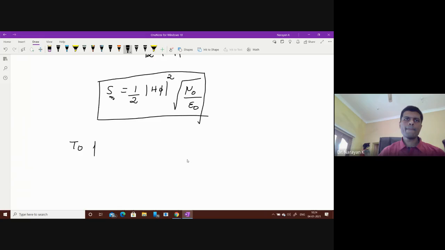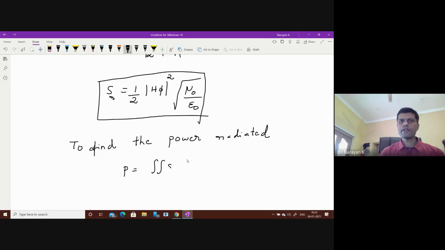To find the power radiated, it is the double integral of the radial component of Poynting vector into the surface integral ds.